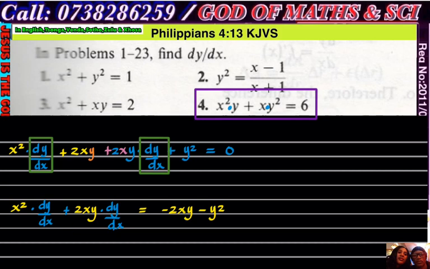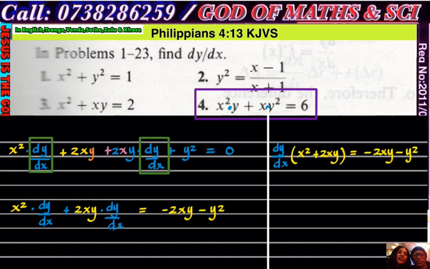Now on this one here, I just have to pull out a common factor. So if I pull out a common factor, this is what I've got: dy all over dx, and in the brackets we've got x squared plus 2xy, close the parenthesis, equals negative 2xy minus the y squared.